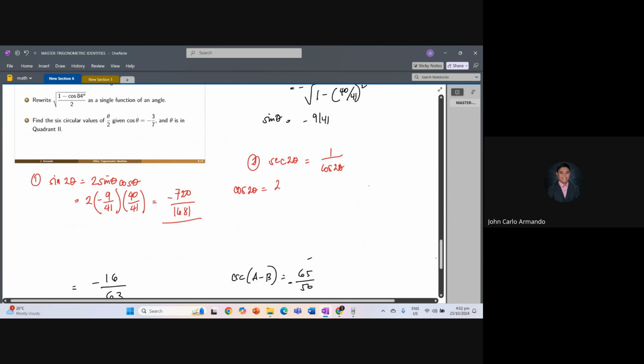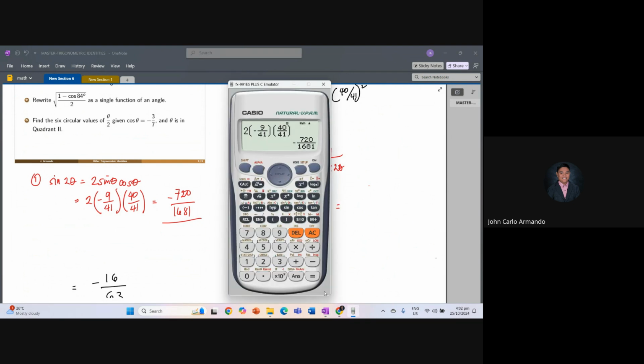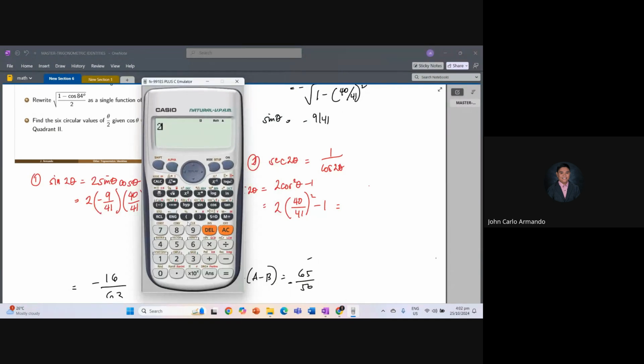That is 2 times cosine theta, 40 over 41, quantity squared, minus 1.